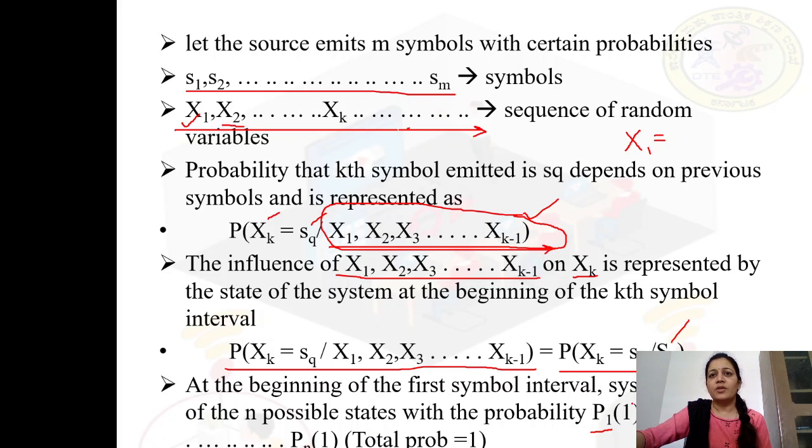And everywhere you can see here that we are using 1. This 1 says that we are considering the first symbol interval. So, during the first symbol interval, your source can be in state 1, or state 2, or state 3, or it can be in state n. Okay.